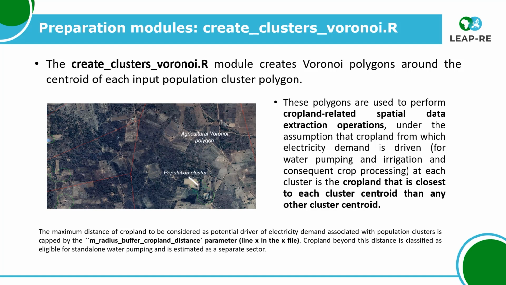If we reduce this distance, then very remote cropland that is far from population clusters is considered standalone, so it's eligible only for off-grid demand and not for on-grid demand, or let's say a supply source that is linked to the local community. So it's estimated as a separate sector suitable only for off-grid electrification, such as standalone solar pumps or diesel pumps.